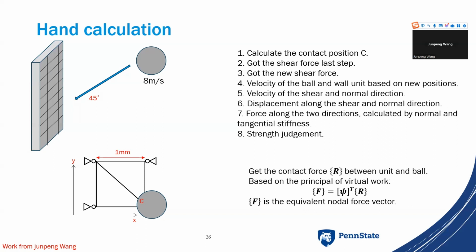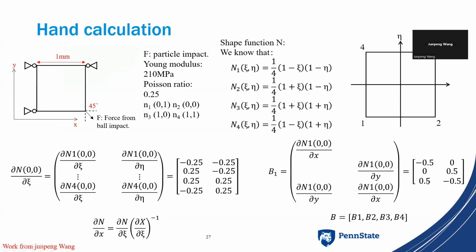In the equation on the right downside, phi is the shape function. It depends on the specific question to calculate the nodal force vector. Next, we can regard the FEM-DEM question as a pure finite element method.